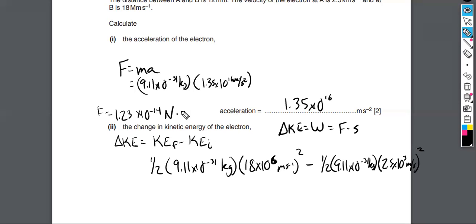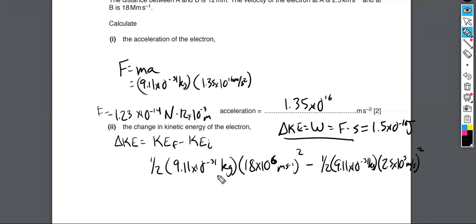If I just multiply that by 12 millimeters, that should be the change in kinetic energy using the work-kinetic energy theorem. So times 12 by 10 to the negative 3, and I get a change in kinetic energy, the work done, of 1.5 by 10 to the negative 16 joules.